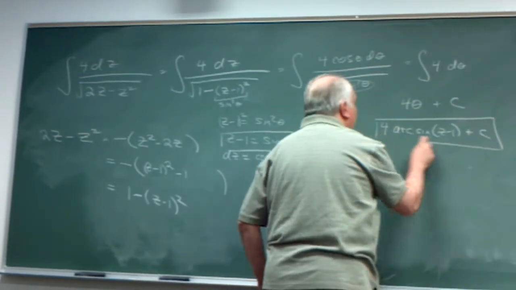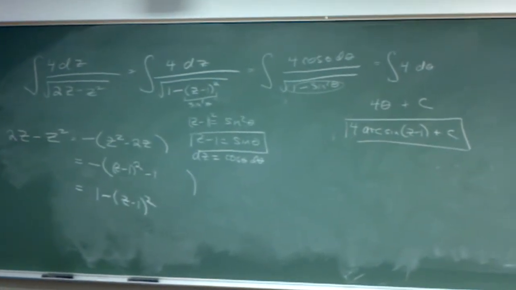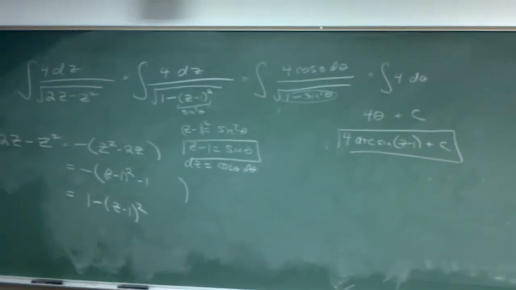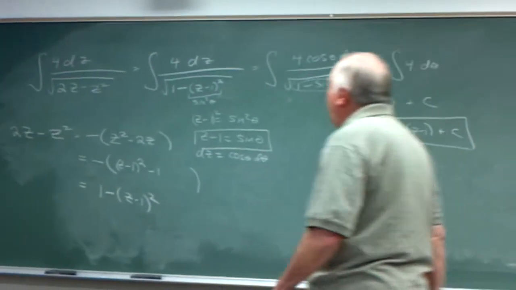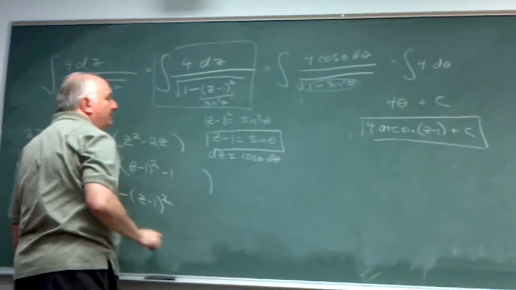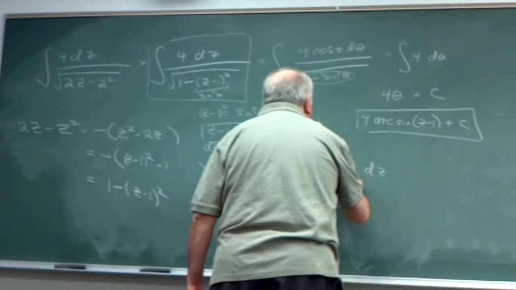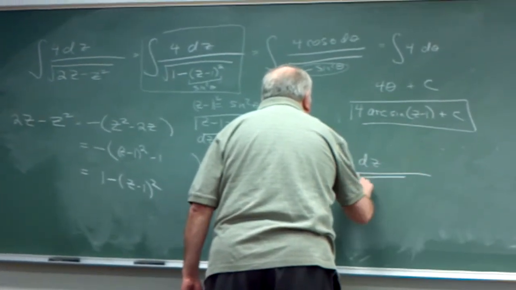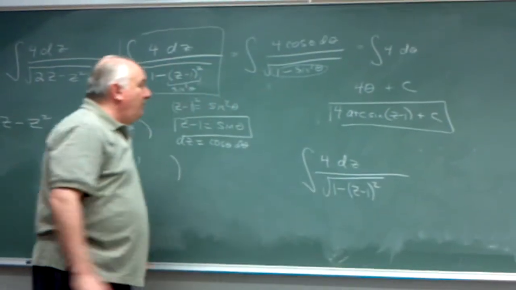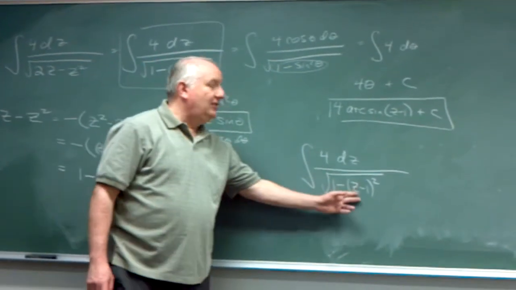Or, if you wanted to do this in more steps, like once you were over here, once you've got something like this, and you don't feel comfortable making the trig substitution at this particular point, you could just let x equal z minus 1.